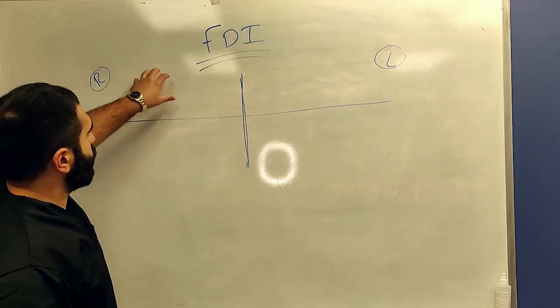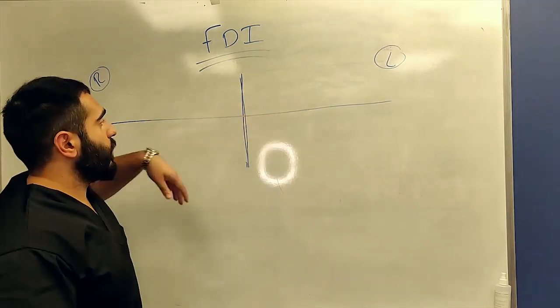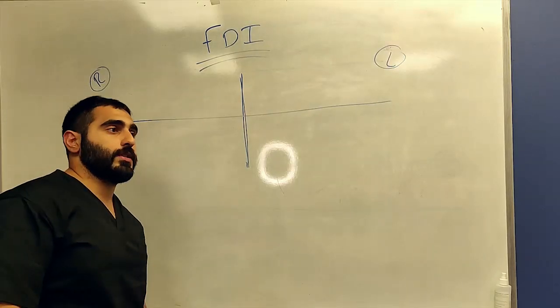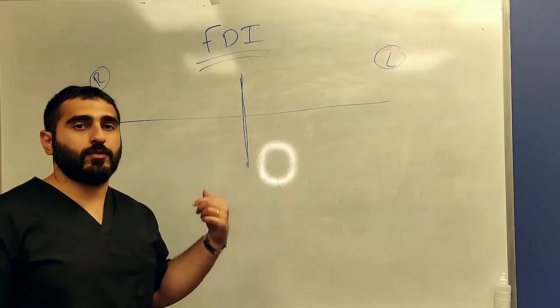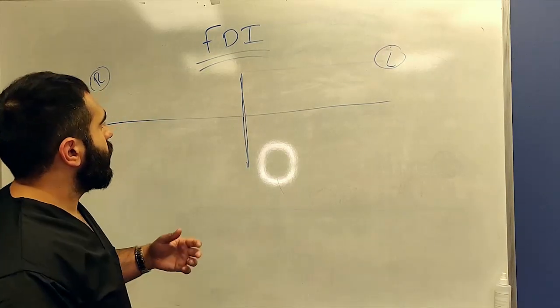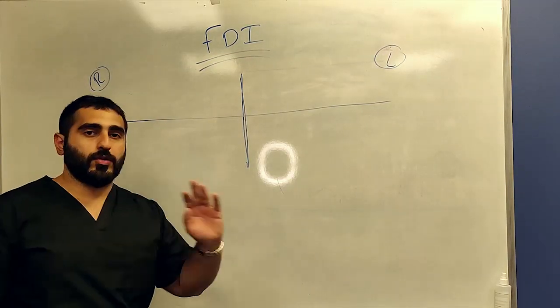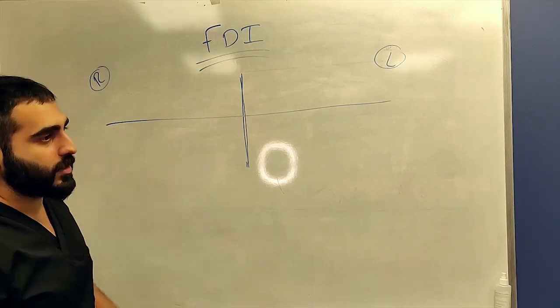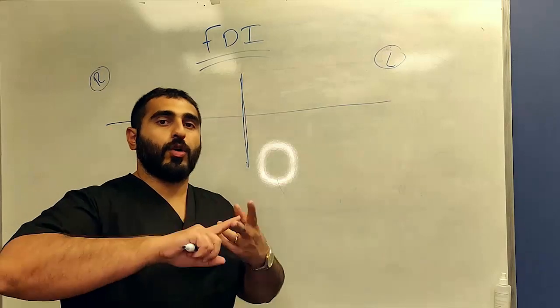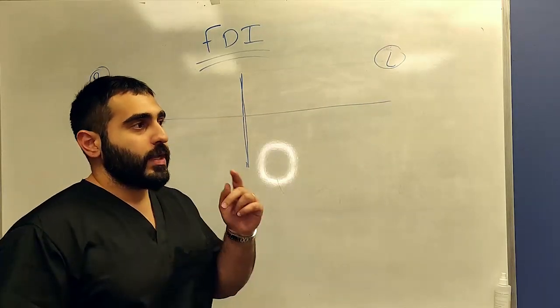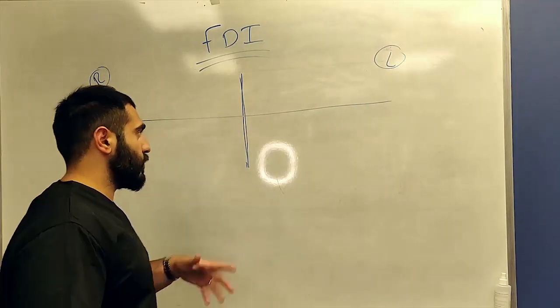Again, it follows the quadrants. Now the difference between the FDI and the universal is that universal just started from the first quadrant and moved to the second, the third, and back to the fourth on the right side, and it just followed a number. Now in the FDI system, every tooth is given two numbers. The first number is the quadrant it's in, the second number is the number that was given to that specific tooth.